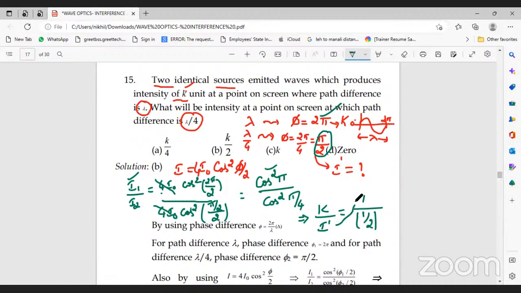Cross multiply. So I dash is equal to K times 1 by 2, which is K by 2.